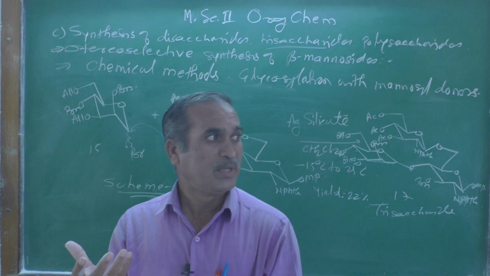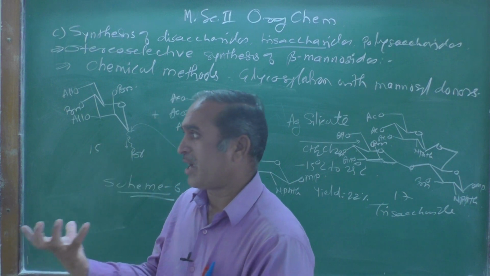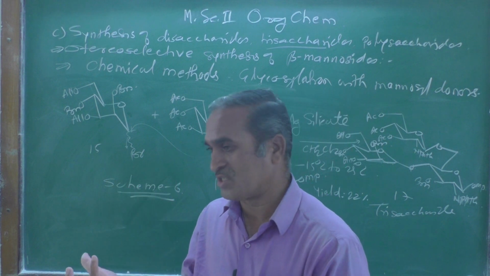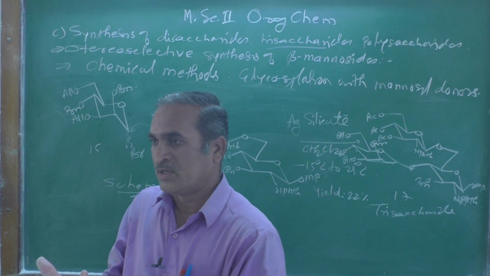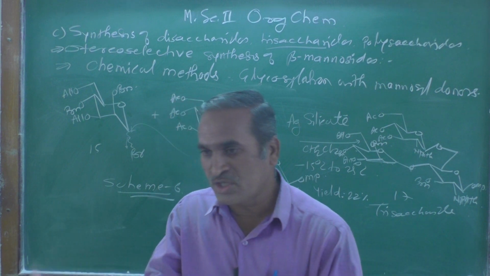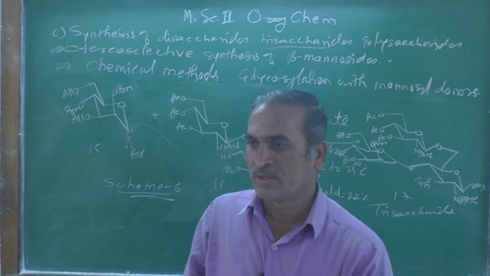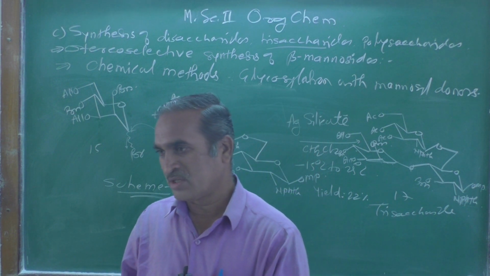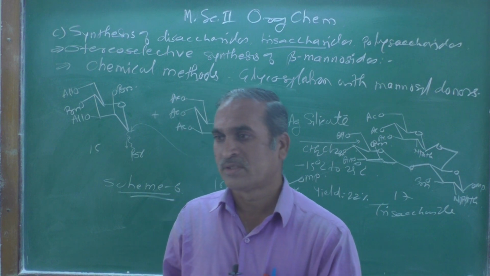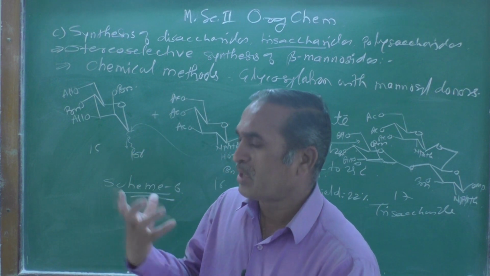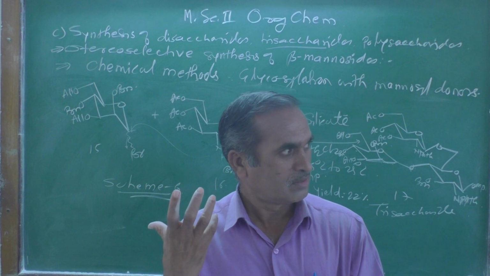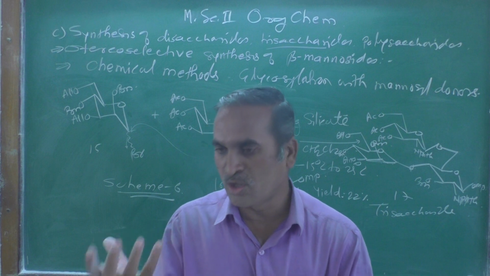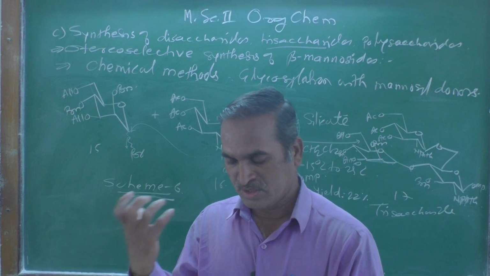will be trying to design the chemical synthesis in such a way that by changing the solvent, by changing reaction conditions, by changing different catalysts and optimizing the chemical synthesis, the yield of the product is increased.